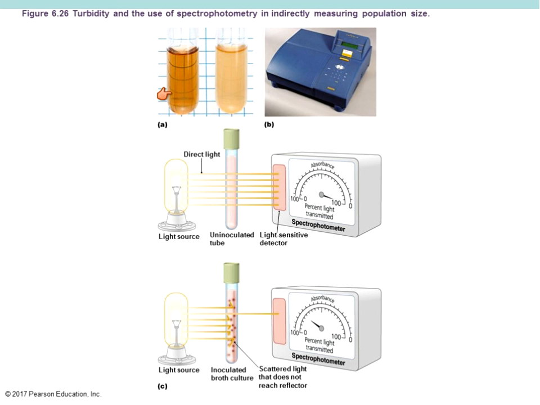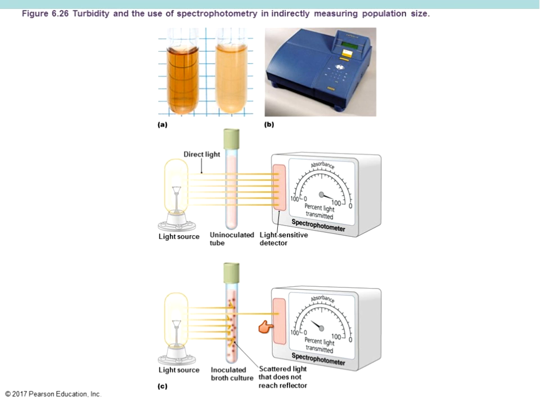So this test tube is obviously not nearly as turbid or cloudy as this one is. If we put this into the spectrophotometer, you're going to have 100% light transmitted. Whereas if we put this test tube through there, not all of it's going to be transmitted because some of that light's going to bounce off of the bacteria that are in there, off of the stuff that's making it cloudy, and it won't all be transmitted to the light-sensitive detector.